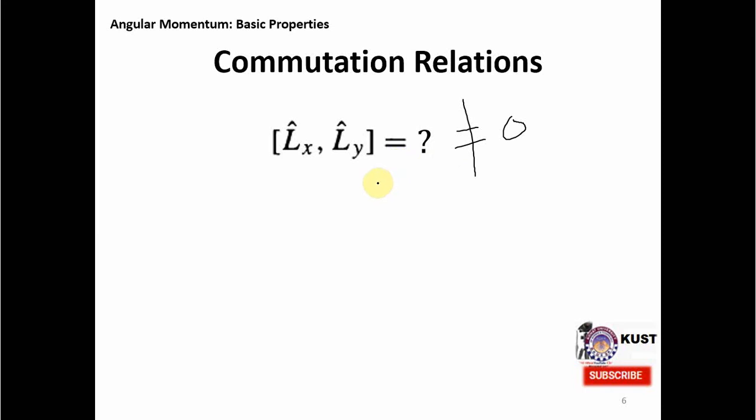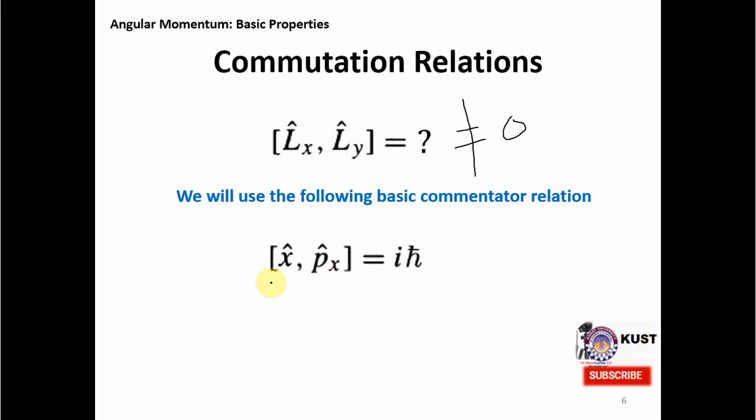Now let's do this commutator. As you know, we will use the basic commutator from the quantum mechanics 1 course, where we know that the commutation relation of x and px, that is the linear momentum, is equal to i h bar. I don't need to repeat this, but I encourage you to do this calculation once again to recall how commutators are calculated.